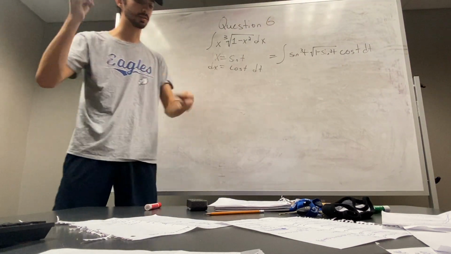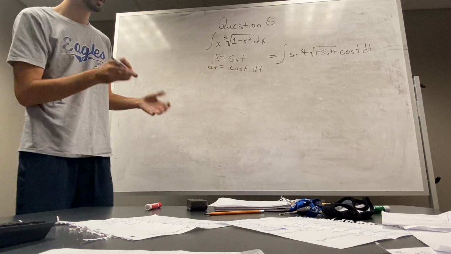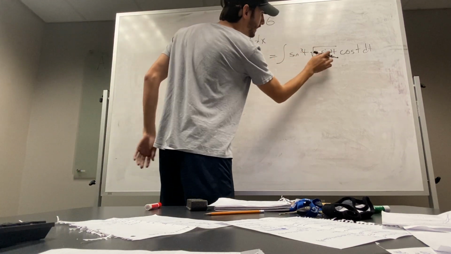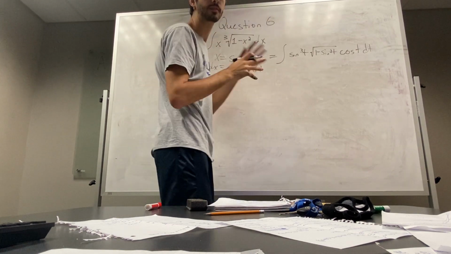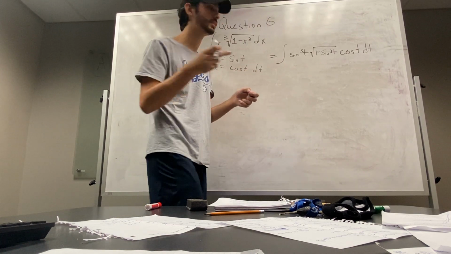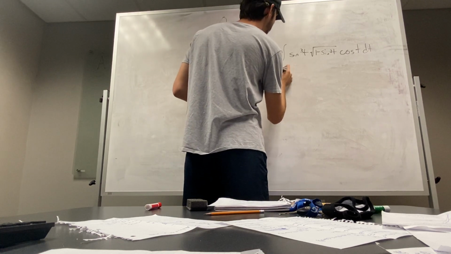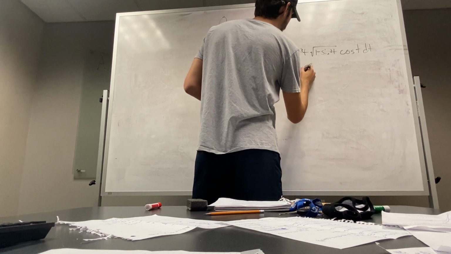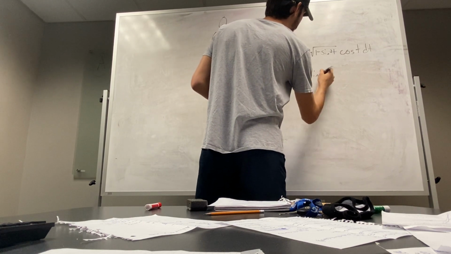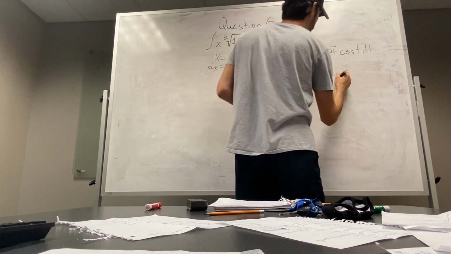Now we're going to make 1 minus sine squared t, which is a trigonometric value, the Pythagorean theorem: cosine squared x plus sine squared x equals 1.